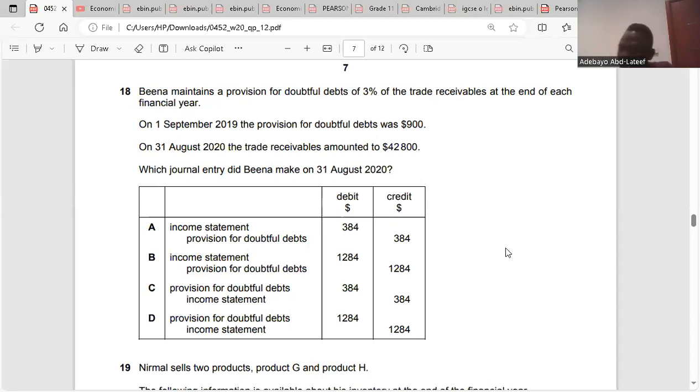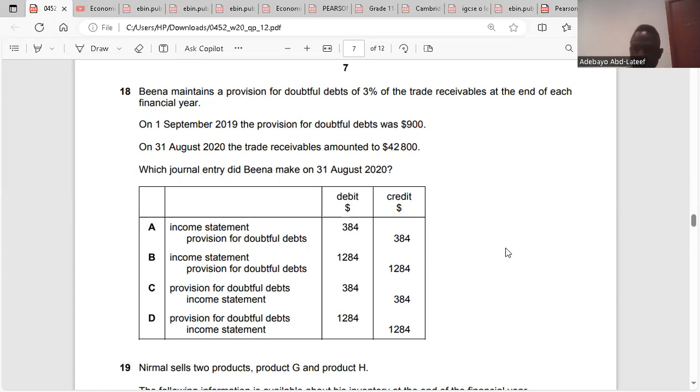So 1,284 minus 900 gives us the value that we're going to take to August 2020. So in August 2020, our income statement will have 384, and our provision for doubtful debts for August 2020 will be 384. So you debit income statement 384, you credit provision for doubtful debts 384. Clear? Yes.